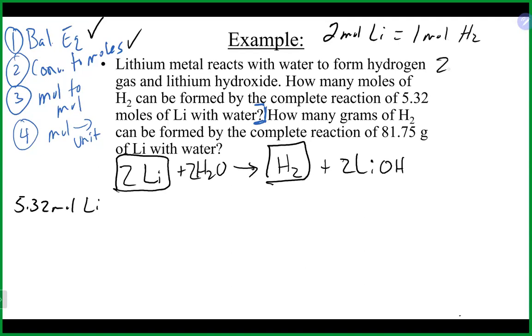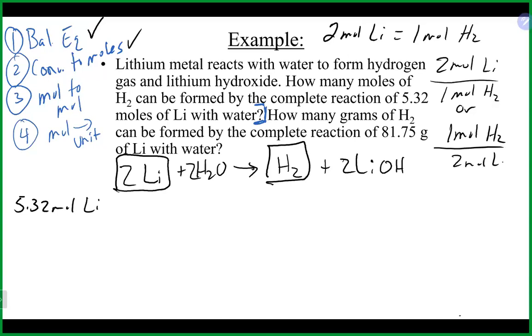From that, we get our 2 conversion factors: 2 moles of lithium over 1 mole of H2, or 1 mole of H2 over 2 moles of lithium. In this case, we are looking to get rid of lithium, so opposites cancel, and we will want to use the conversion factor with lithium on the bottom to do that.